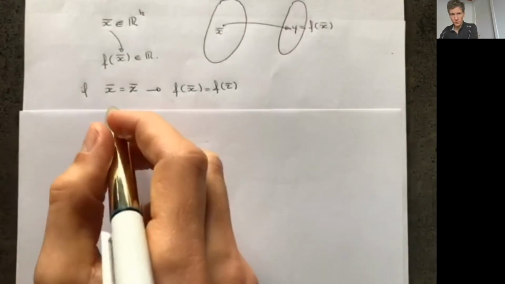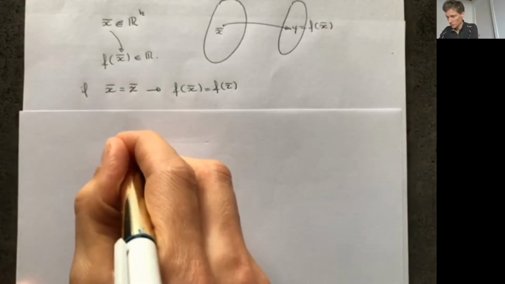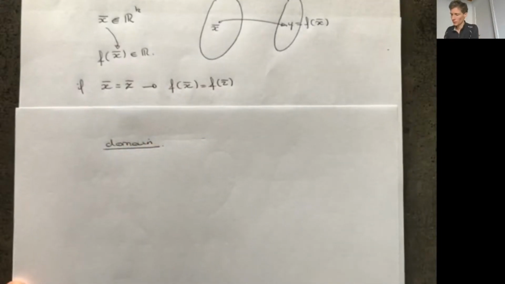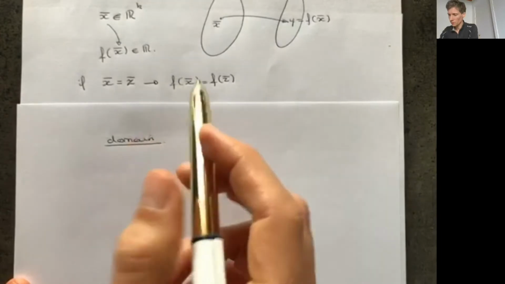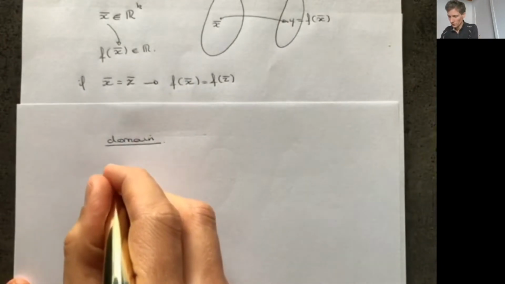So the set of all vectors that you can put inside a function is called the domain of the function. And then all the numbers that you can get out of a function is called the range of the function.